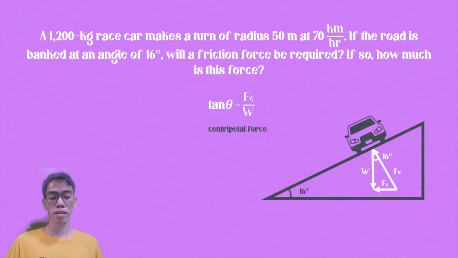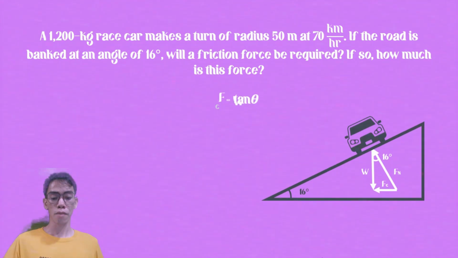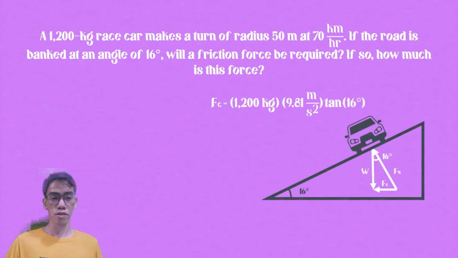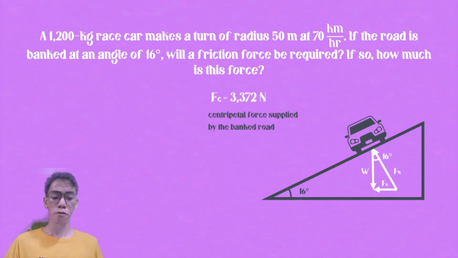The centripetal force is supplied by the banked road. Centripetal force is equal to weight times tangent theta, or mass times gravity times tangent theta. Centripetal force is equal to 1,200 kg times 9.81 meters per second squared times tangent of 16 degrees. Now, the centripetal force supplied by the banked road is 3,372 Newton.